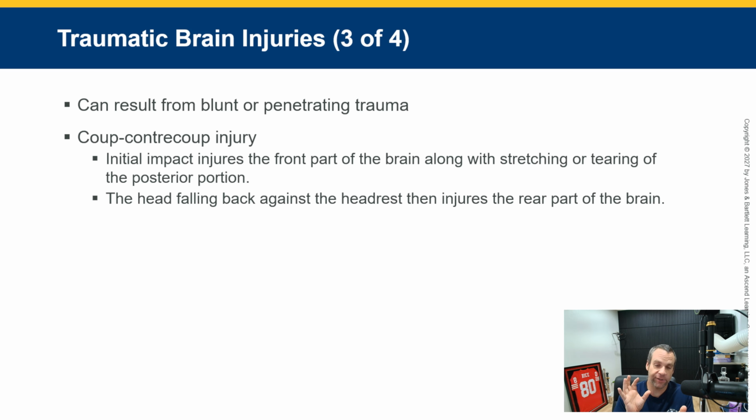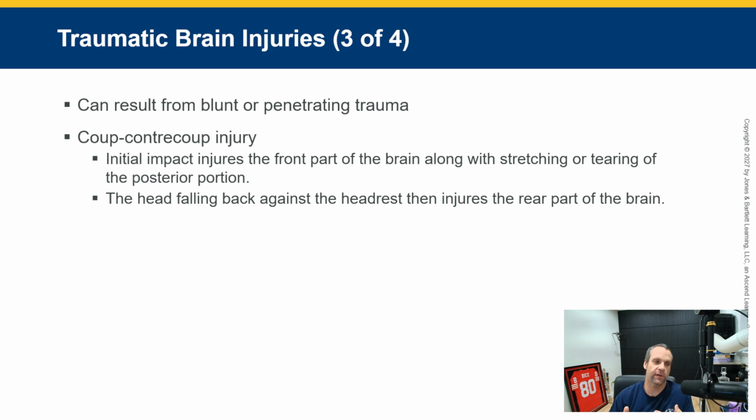So as the head changes direction really rapidly, the brain has the potential to move across the cranial cavity and strike the skull, and at the same time can actually bounce back and have a shearing force pulling the brain, causing a countercoup injury.